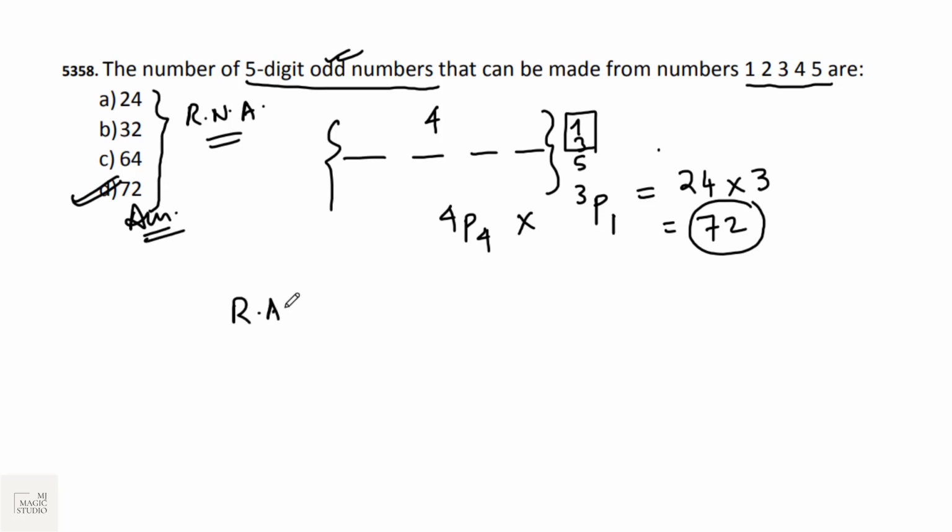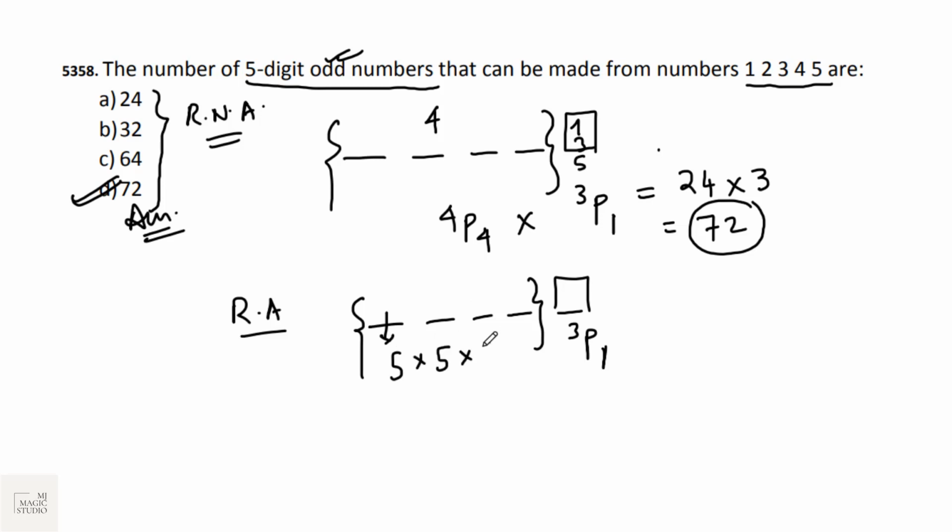Now in case repetition is allowed, then with 1, 2, 3, 4, 5, in the last place we will have only 3 options, either 1, 3 or 5. But in the other places, if repetition is allowed, in the first place any of the 5 digits can be placed, in the second place any of the 5 digits, third and fourth as well. If repetition is allowed, the answer would have been 5 to the power 4 into 3.